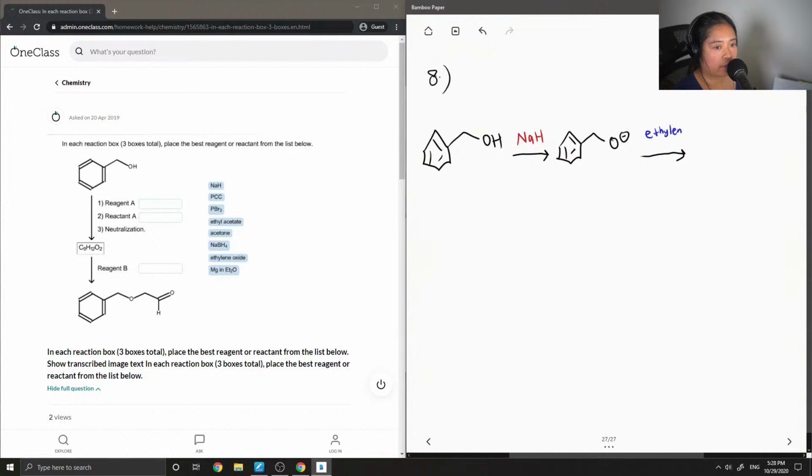So this is the group that we want to add on to the other side of our oxygen. And basically it looks like this epoxy. And the product of this reaction is as follows. The epoxide ring kind of opens up like that, and you're left with the added group.